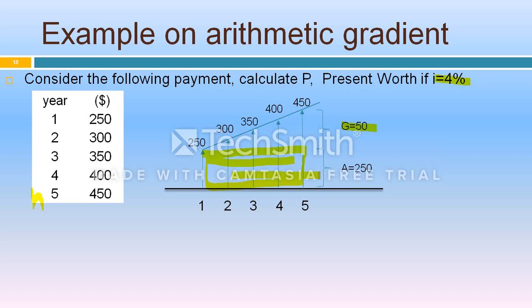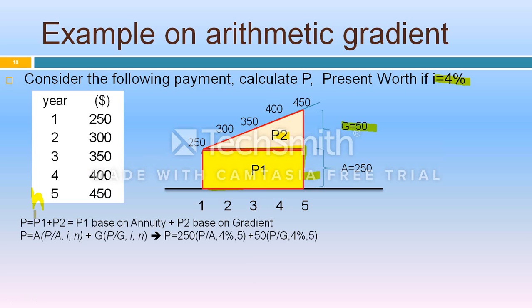This full part is annuity. So divide the solution into two parts, part 1 and part 2. We're calculating P1 and P2. Total P, which is the present worth, is P1 plus P2. P1 is based on annuity and P2 is based on gradient.